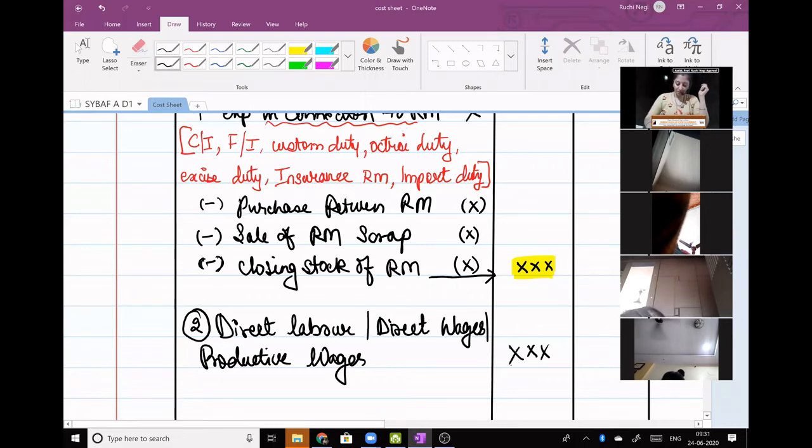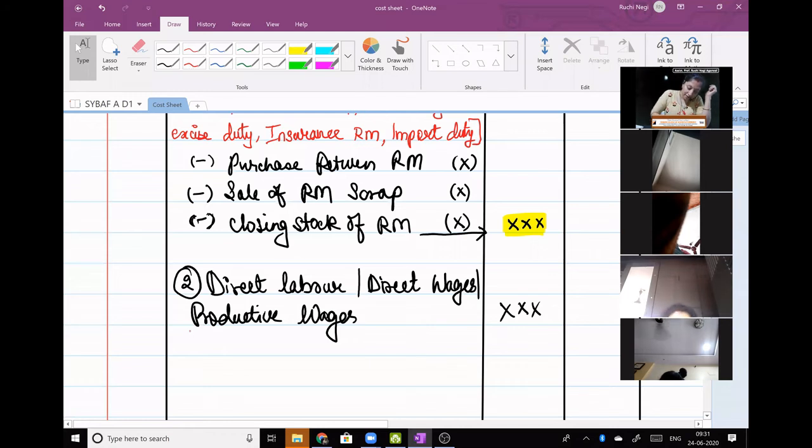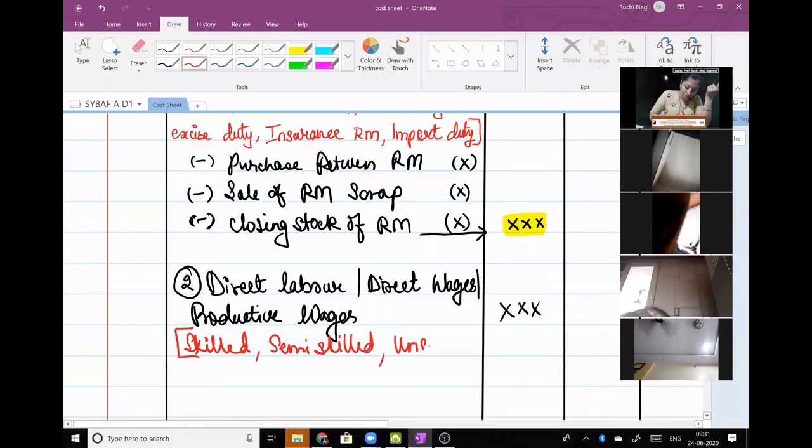Here you can have a category. You have three types of labors. I had discussed this when I had explained all about direct wages. The three types of labors are skilled labors, semi-skilled labors, and unskilled labors.